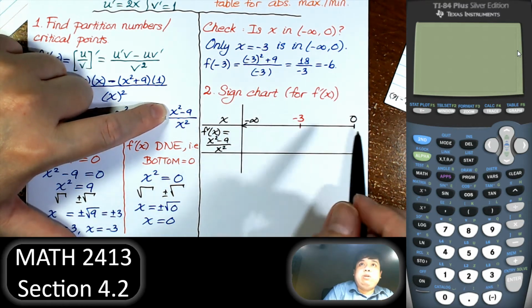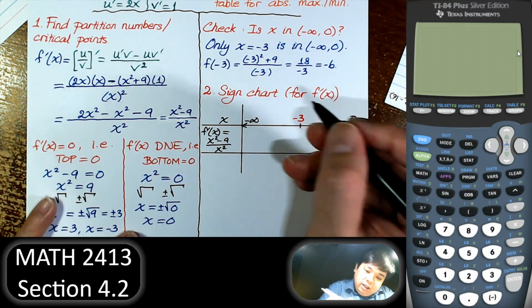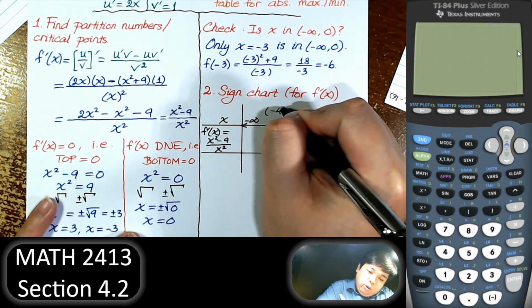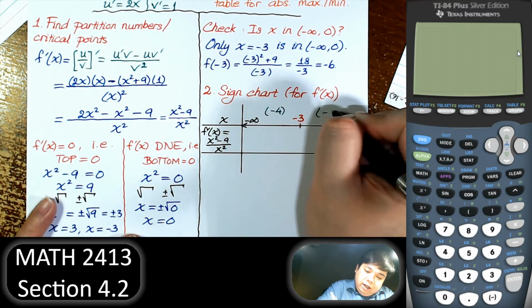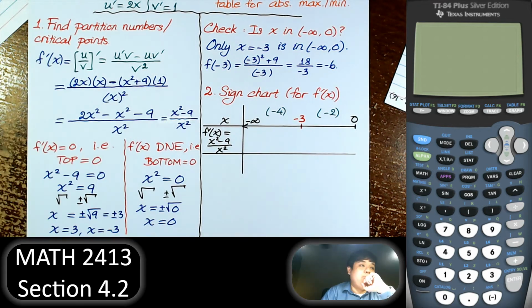Notice only from negative infinity to 0. Test points: how about negative 4 and negative 2? Put them into the derivative, with negative 4, 0, and negative 2.